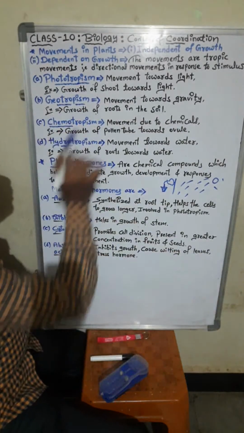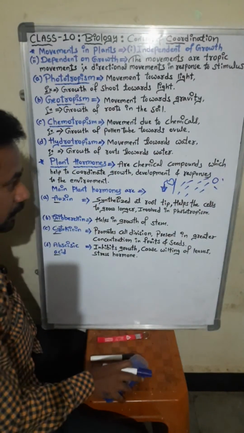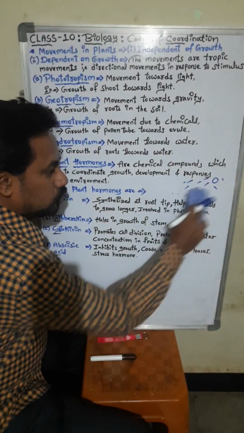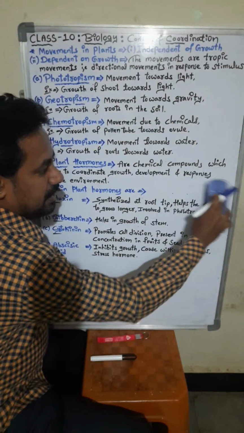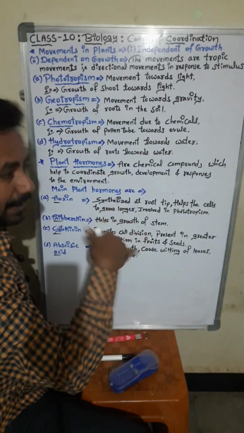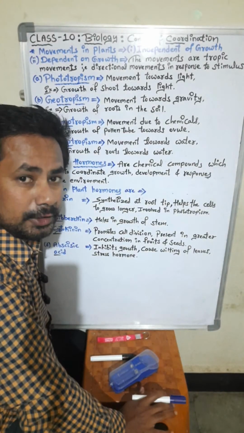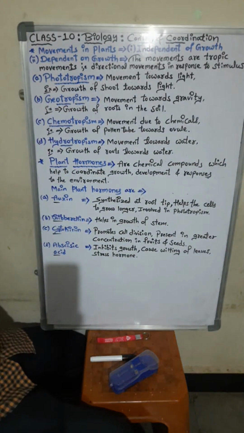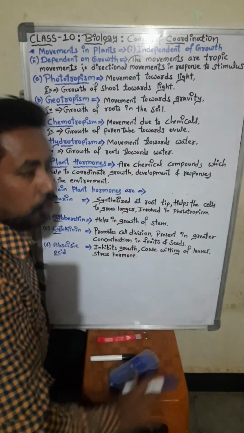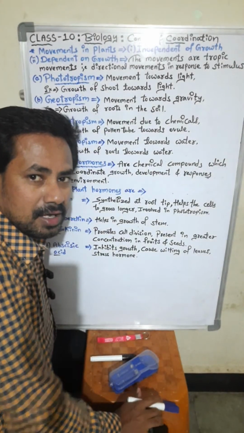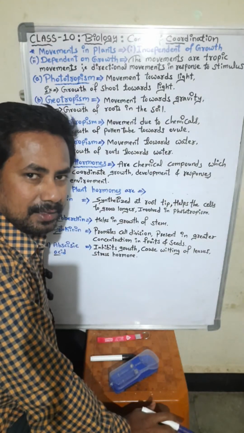Next we will move towards geotropism. Geo means gravity. Another thing I want to tell you, students, is that some things are not given in your textbook. Negative phototropism is there. Negative phototropism means growth opposite to the light.